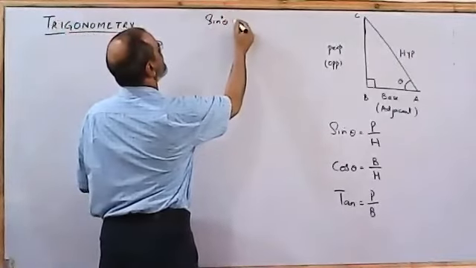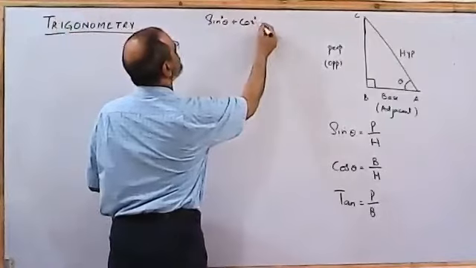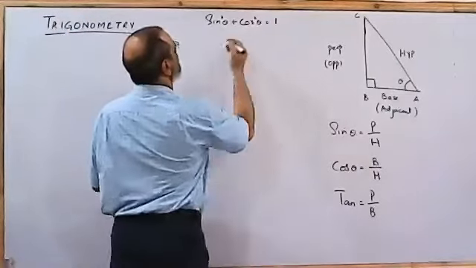sin square theta plus cos square theta is equal to 1.